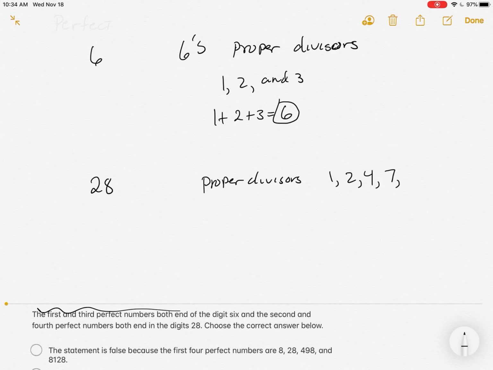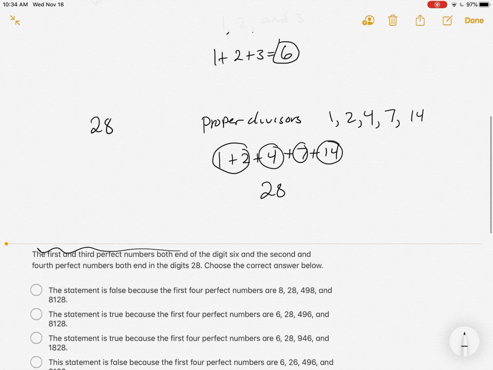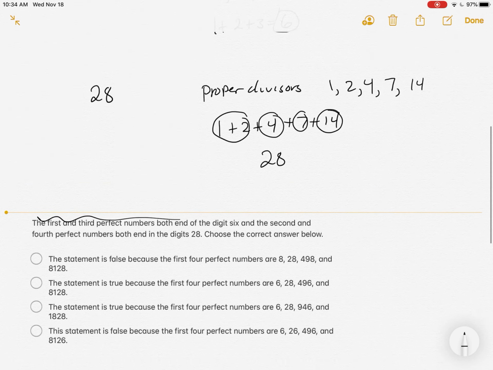And then we can just start matching things up. 2 times 14. And I think that might be it. So let's look at what the sum of 1 plus 2 plus 4 plus 7 plus 14 is. If we start chunking it together, 3 and 7 is 10. Now we're up to 24, 28. Absolutely, it's perfect. So we got a perfect one there.